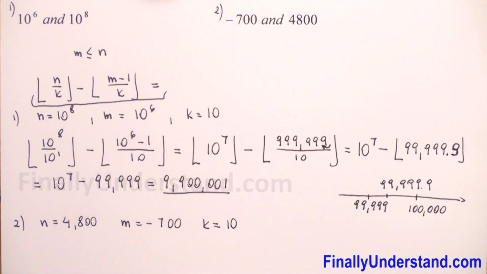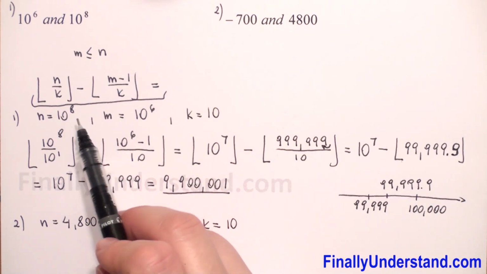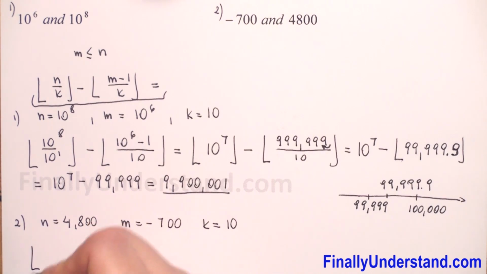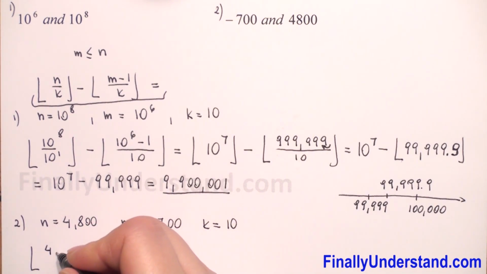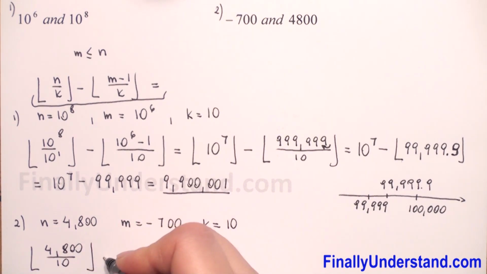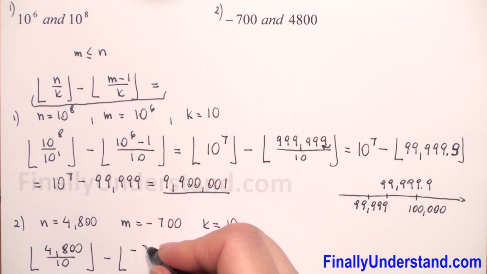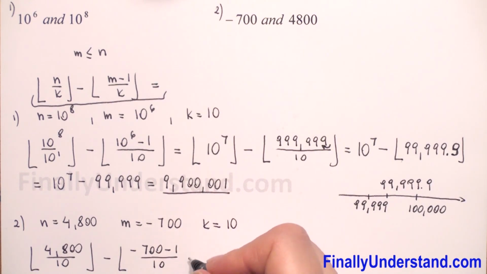So k is equal 10. And now again we will use the same formula. We have floor of 4,800 divided by 10 minus floor of negative 700 minus 1 over 10.